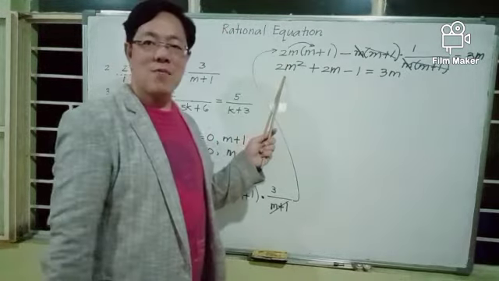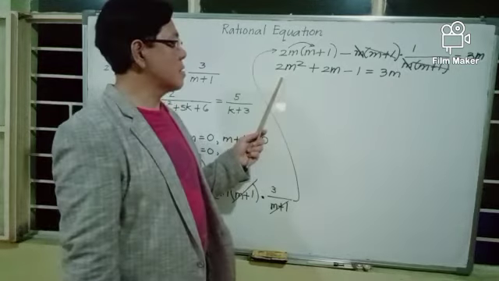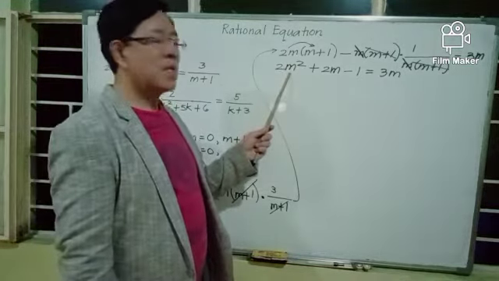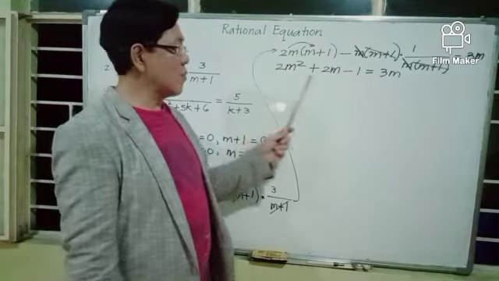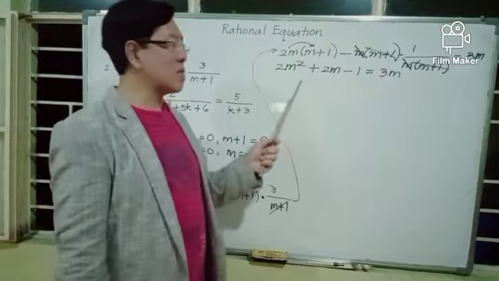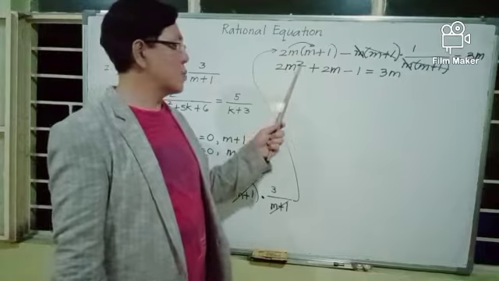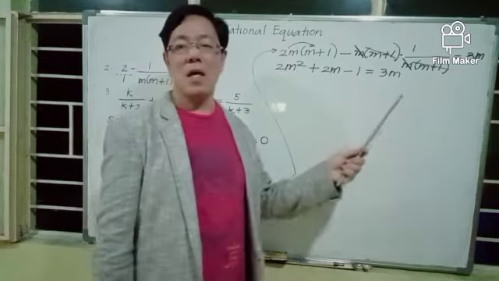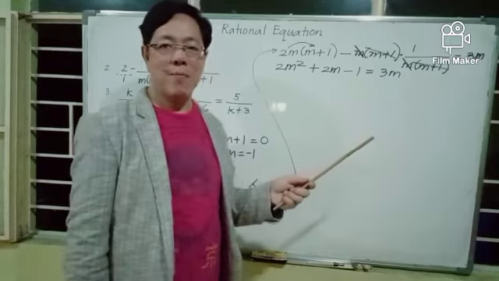You can now see from this last equation that we have a quadratic equation in the variable m. This is a quadratic equation because the highest exponent of m is 2. And the variable is m, so this equation is a quadratic equation in m.